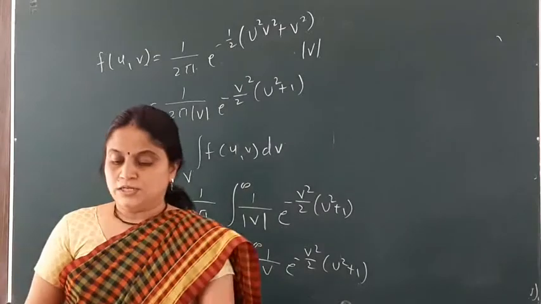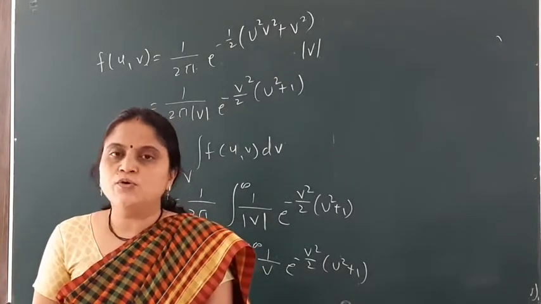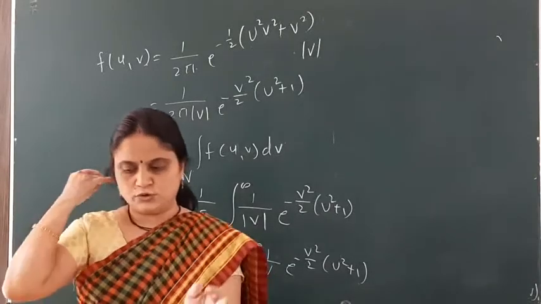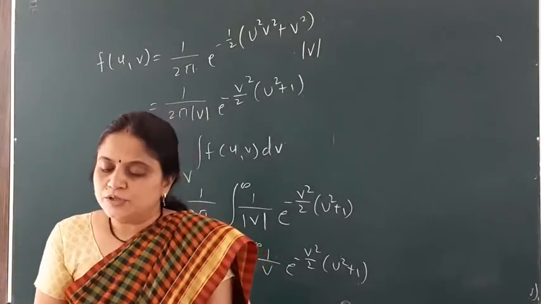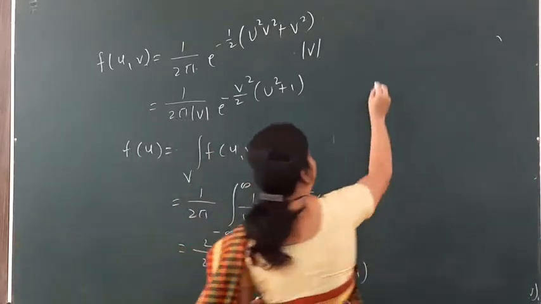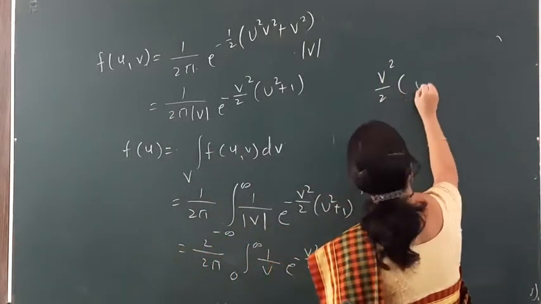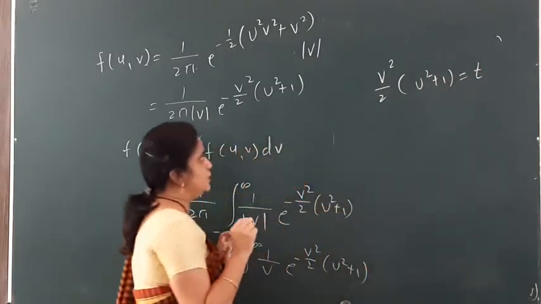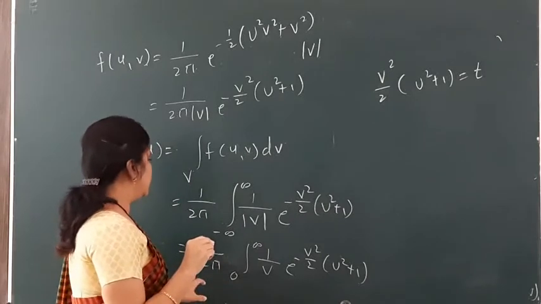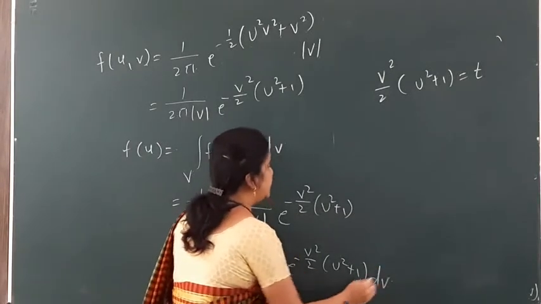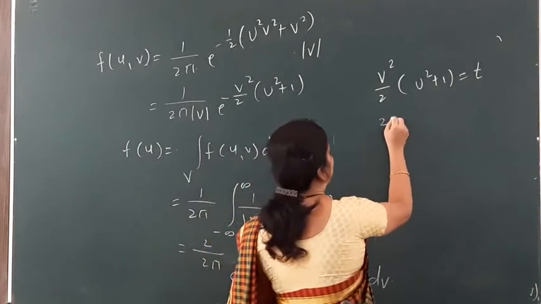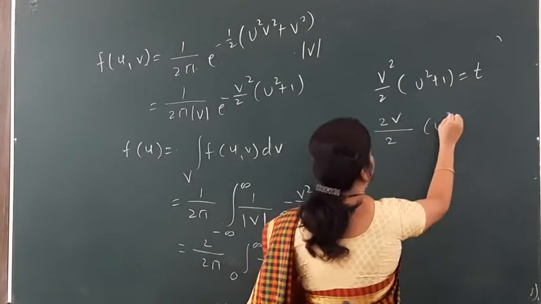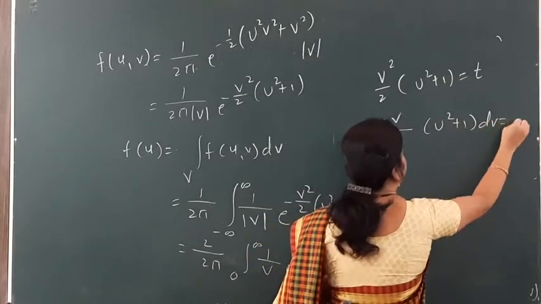Okay, now since the range of v over here is 0 to infinity, now it is not minus infinity, v is 0 to infinity, I can put the value of v square divided by 2 into u square plus 1 equal to t. So I need to find only the value of dv. So what is dv? 2v divided by 2 into u square plus 1, as it is, dv is equal to dt.